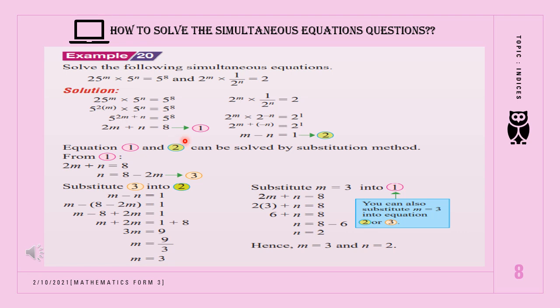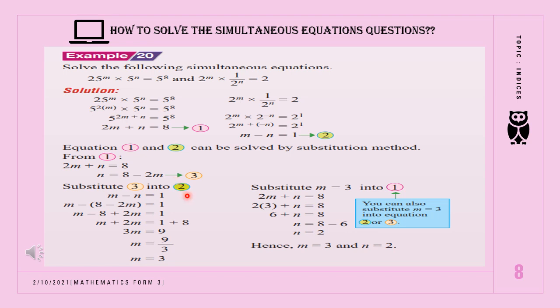Okay, the question is 25 power of m times 5 power of n equal to 5, and 2 power of m times 1 over 2 power of n equal to 2. So you need to take the solution one by one. Remember, you need to change the equations to become easier, linear. So for number one, linear, 2m plus n equal to 8.